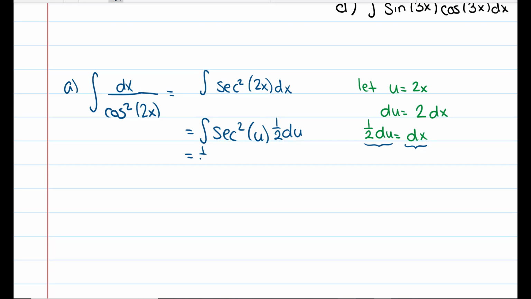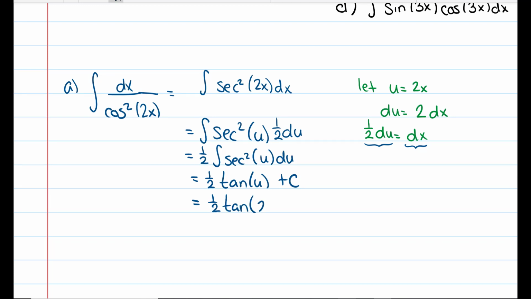So this becomes 1/2 the integral of secant squared u du, and the integral of secant squared is tangent of u plus c, and we replace the u back and get 1/2 tangent of 2x plus c. That one's not so bad.